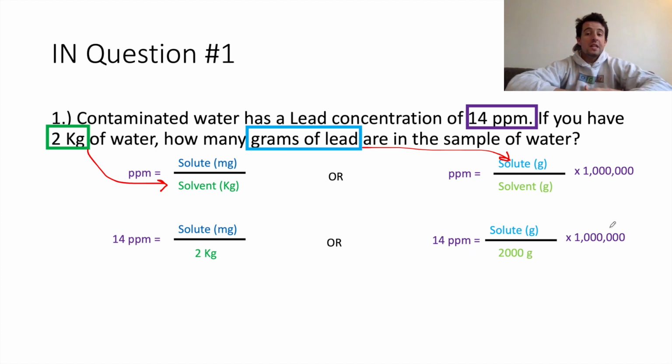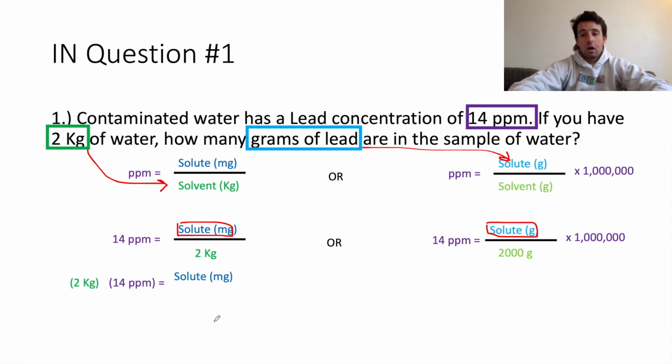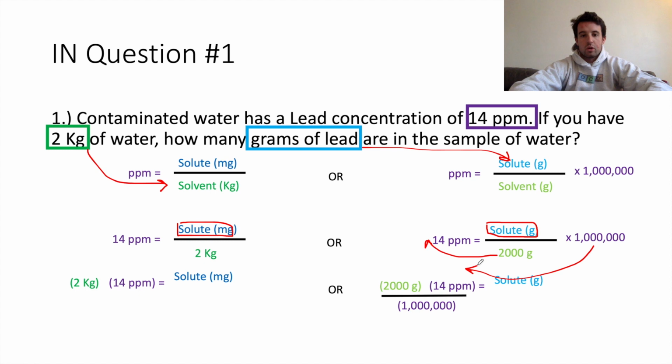Now, in either one of these problems, you want to isolate your blue solute here. For the milligrams one, all you have to do is multiply by 2. So that's kind of easy in terms of the math. For the other one, the light blue one, solute in grams, you're going to have to multiply by 2,000 and then divide by 1 million. So here we go.